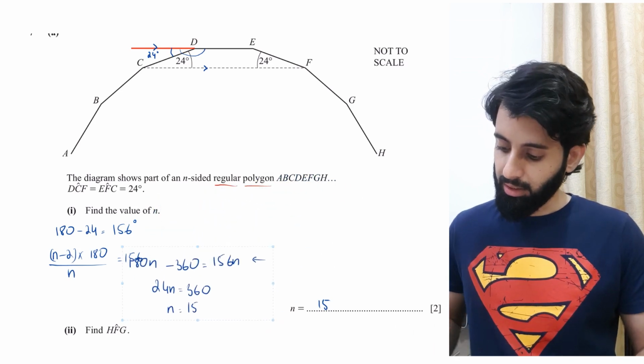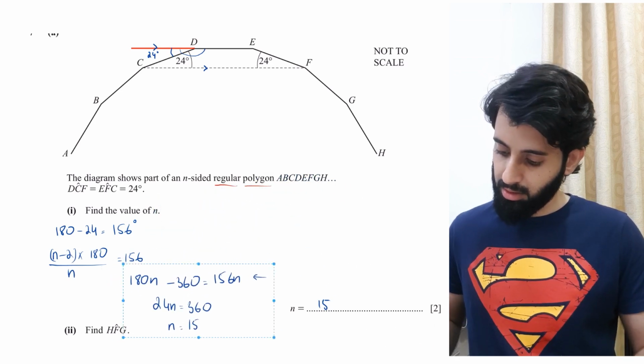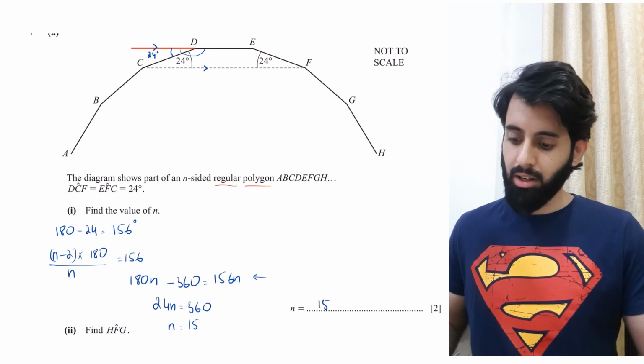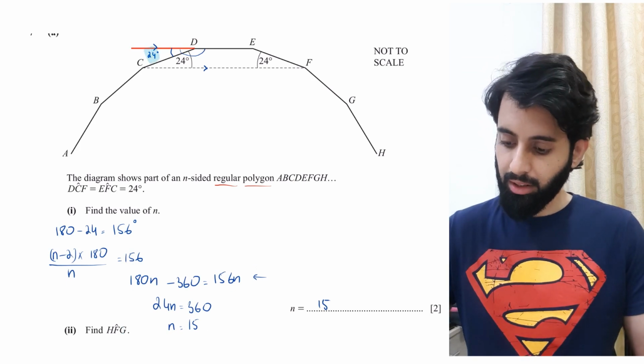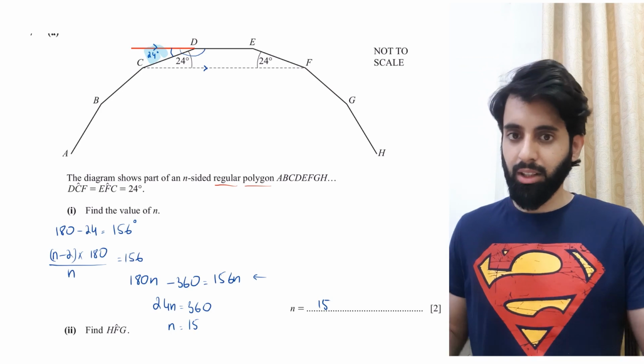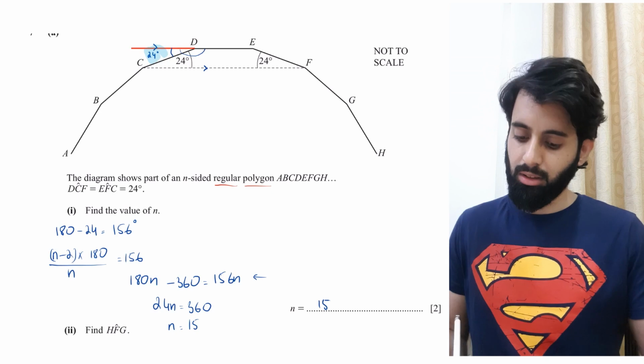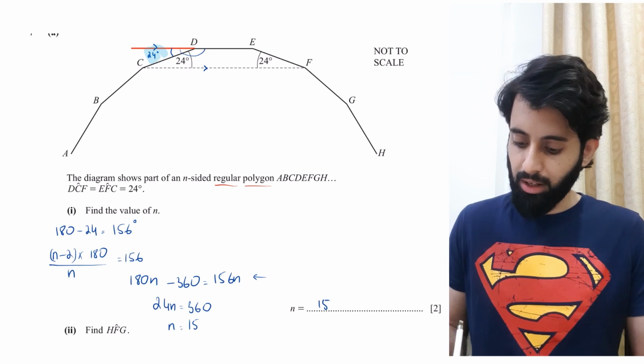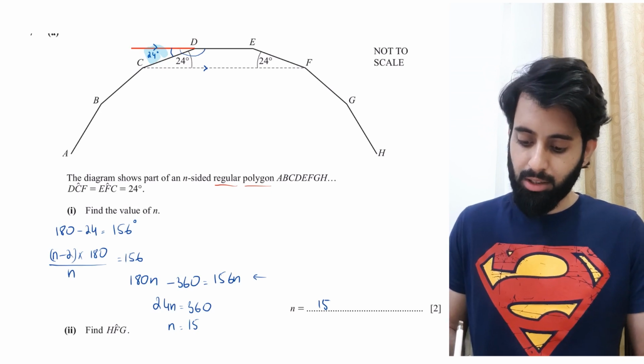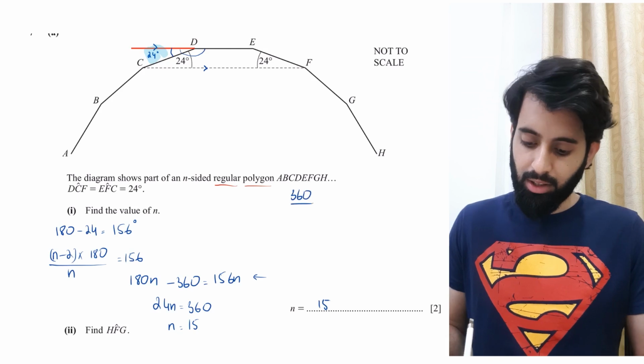So the easier way to do this would have been to use the exterior angle. Now this 24 that I'm highlighting right now is the exterior angle, and the formula for calculating each exterior angle is a lot easier than the formula for calculating each interior angle. So the formula for each exterior angle is 360 upon n.